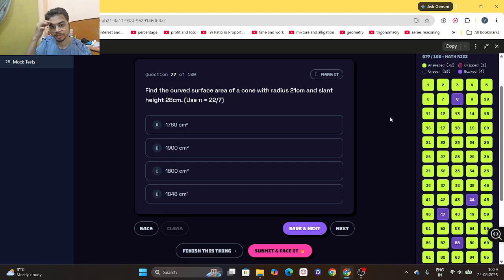Find the curved surface area of a cone with pi r l. The answer is 1848.